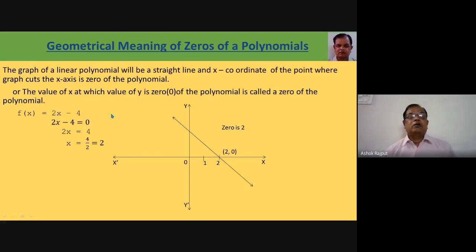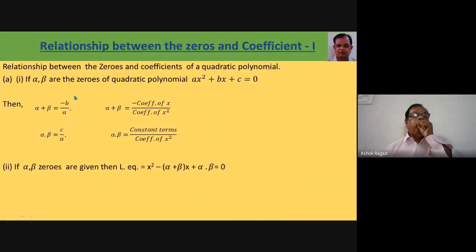Now we are going to the next: a relation between the zeros and the coefficients. If alpha, beta are the zeros of the quadratic polynomial ax square plus bx plus c equal to 0, therefore alpha plus beta equal to minus b upon a.